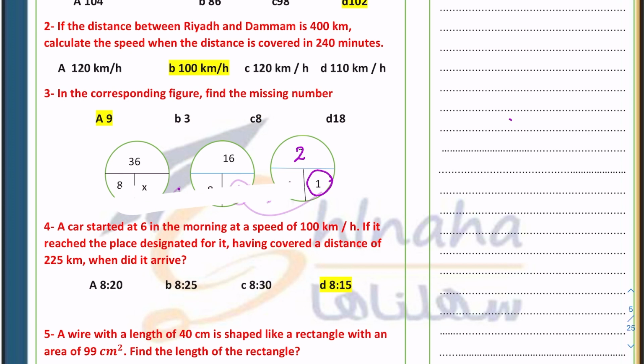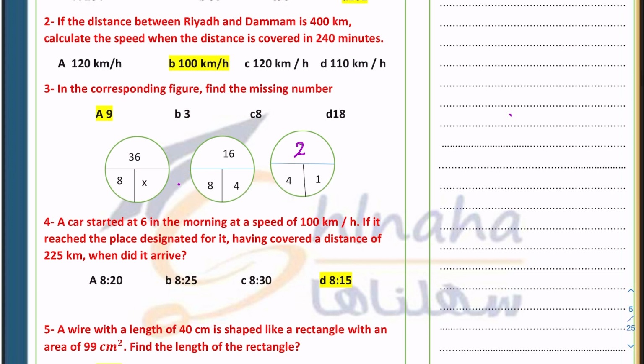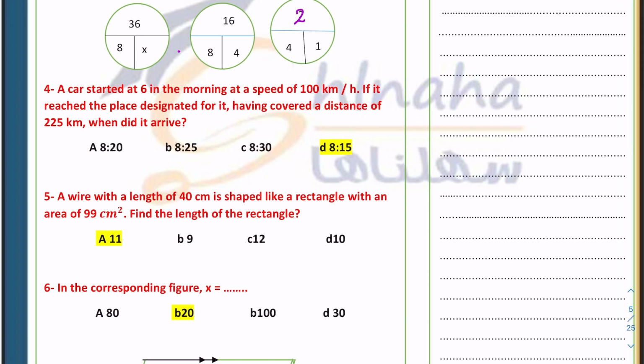Let's take the next question, which is 4. A car started at 6 in the morning at a speed of 100 kilometers per hour. If it reached a distance of 225 kilometers... I think we solved this question before. 100 kilometers is 1 hour. 200 kilometers is 2 hours.